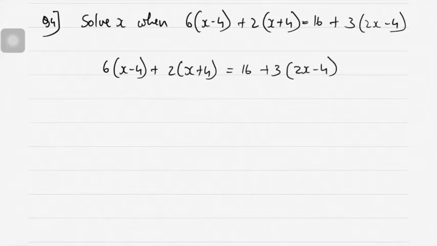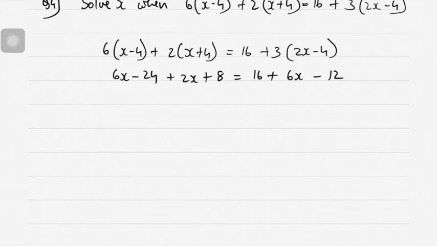Okay, open the bracket first. 6x minus 6 into 4 is 24, right? Plus 2x, 2 into 4 is 8, is equal to 16 plus, open the bracket, 3 into 2 is 6x minus 3 into 4, that is 12.